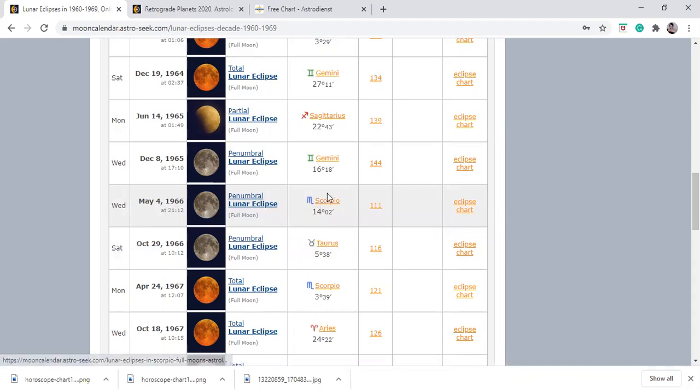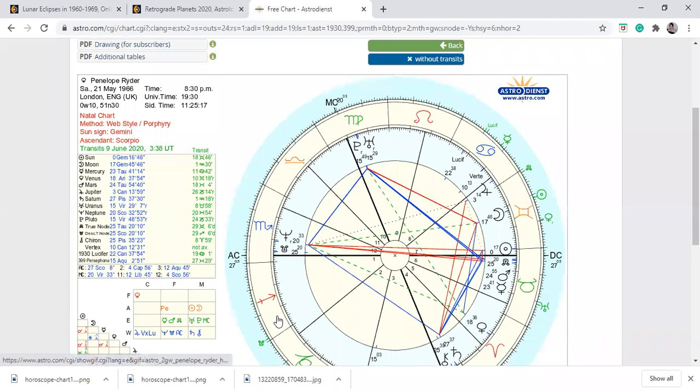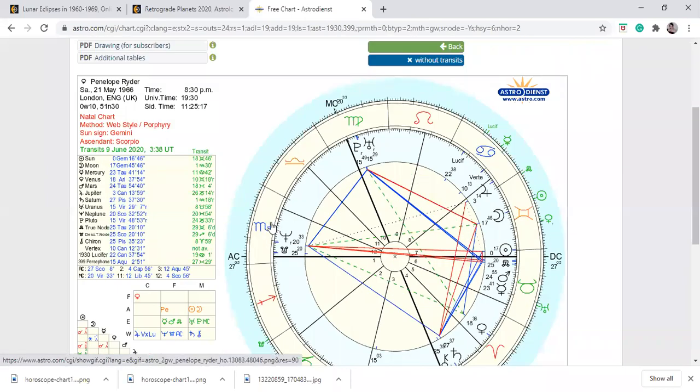That was my prenatal lunar eclipse, in 1966, May 4th, at 14 degrees Scorpio. So if I go to my chart, I can see where 14 degrees of Scorpio was, so it would have fallen there. It's fascinating, and there's a brilliant book I'm going to put below that you can get on these eclipses, so that you can really begin to dig deep into what the prenatal lunar and solar eclipses are.